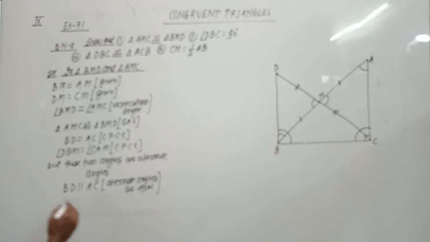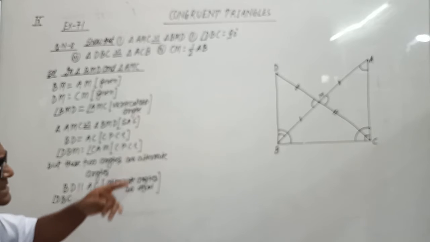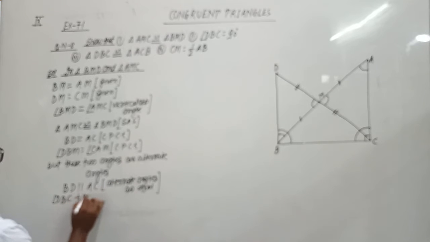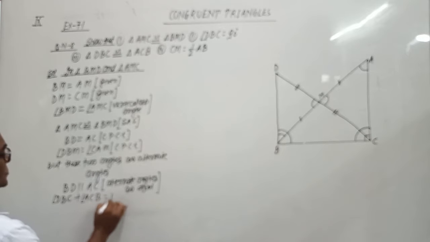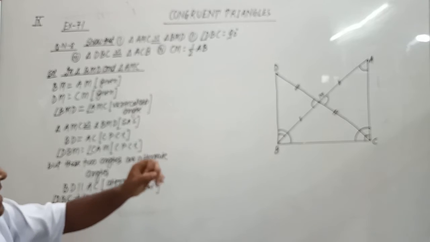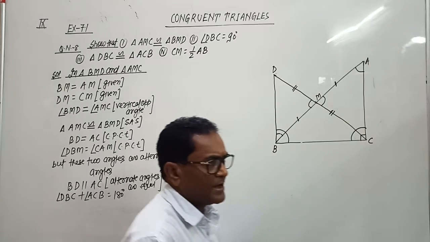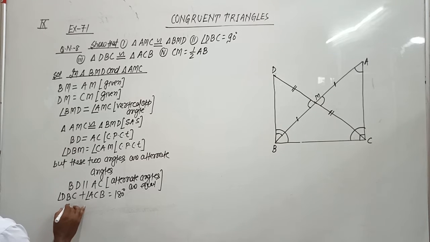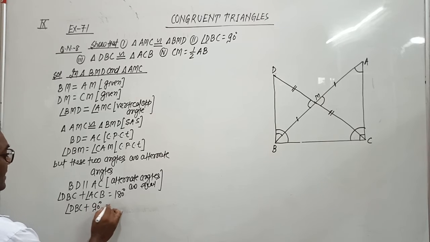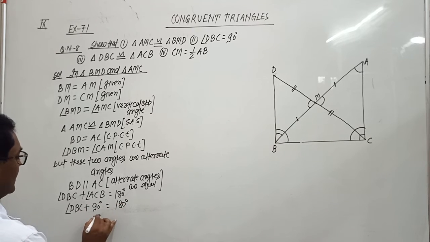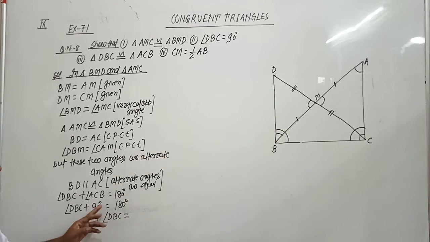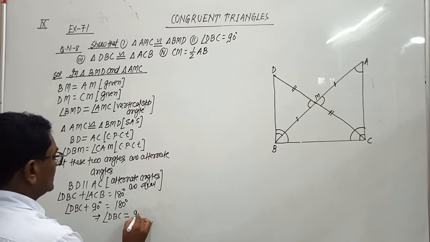So we can write that angle DBC plus angle ACB equals 180 degree. And already we have given that angle C is 90 degree, means angle ACB is 90 degree. So angle DBC plus 90 degree equals 180 degree, and angle DBC equals 180 minus 90. So this is 90 degree.